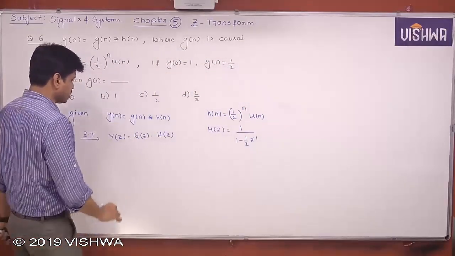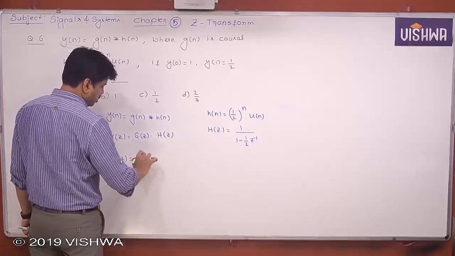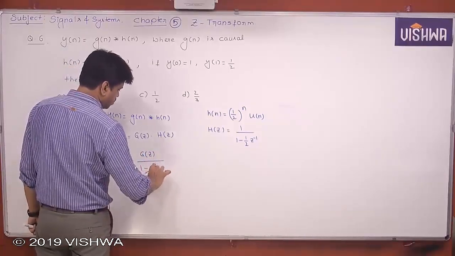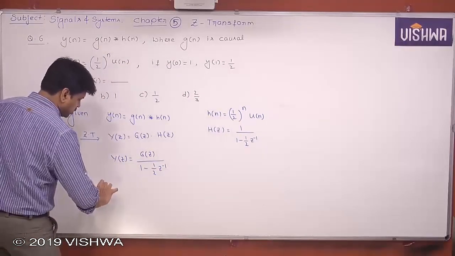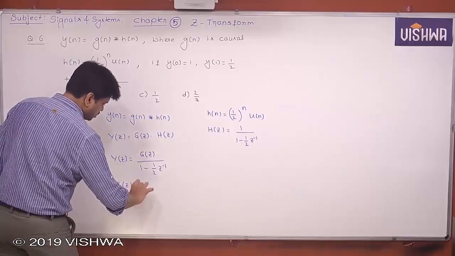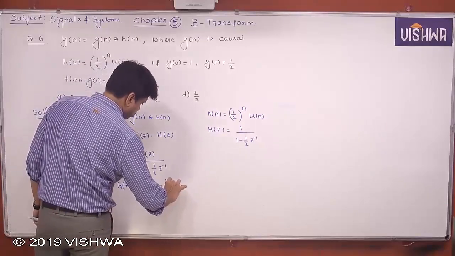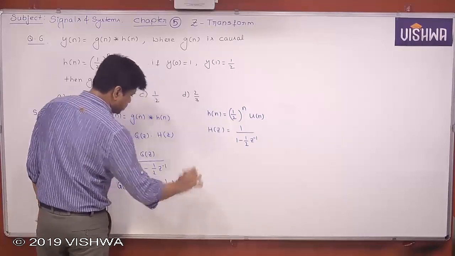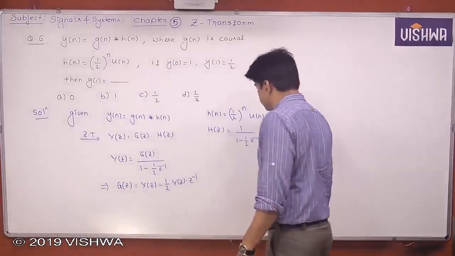Substitute here. So that implies y of z is equal to g of z divided by 1 minus 1 by 2 z inverse. If I do the cross multiplication, that implies g of z is equal to y of z minus 1 by 2 y of z into z inverse. So this is what g of z having a relation with y of z.